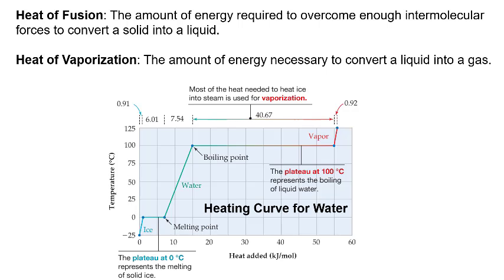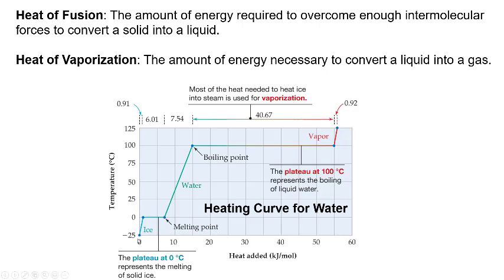Okay, so this heating curve for water talks about the amount of heat that you have to add to change the temperature of a substance in order to change the phase. So for water, we know that the freezing point is 0 degrees Celsius, and the boiling point is 100 degrees Celsius.